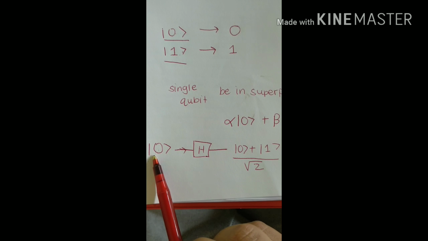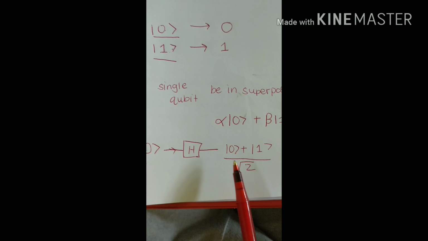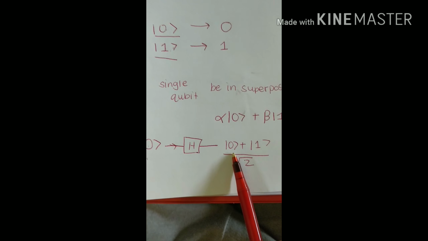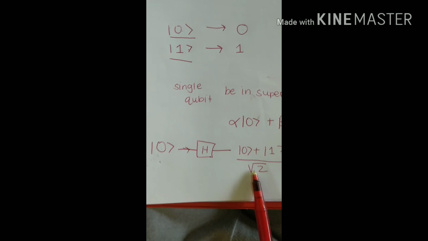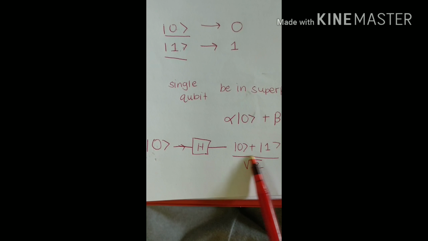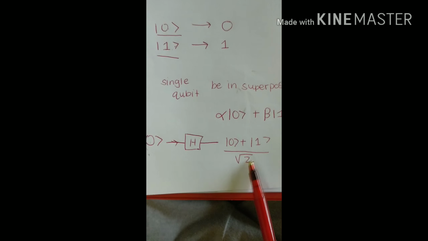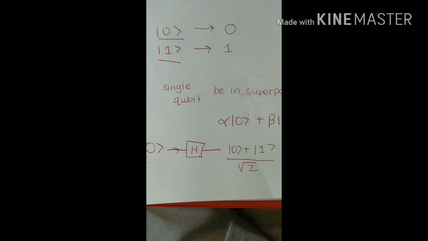So when I pass 0 through the Hadamard gate, it transforms it into a superposition of both the 0 and the 1 state, multiplied by some constant.